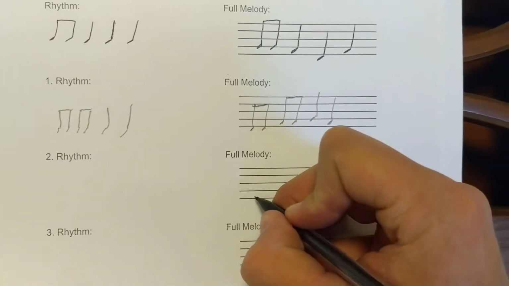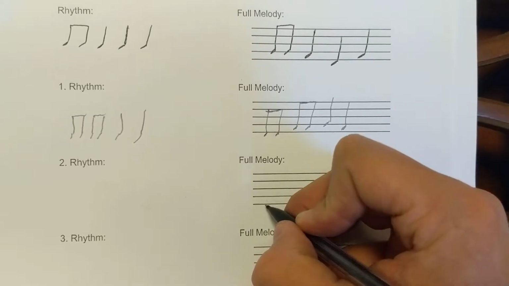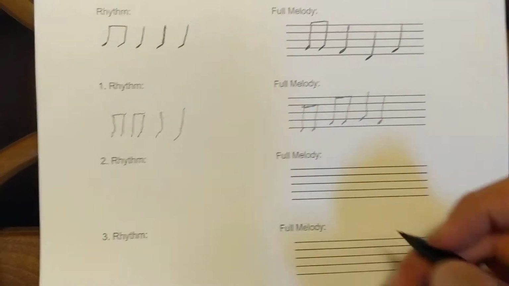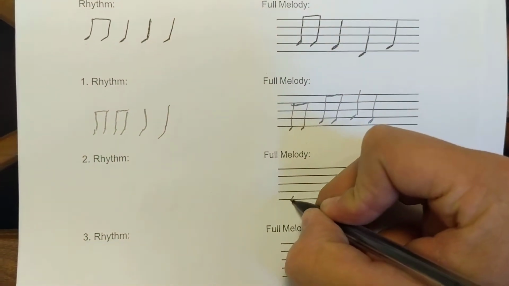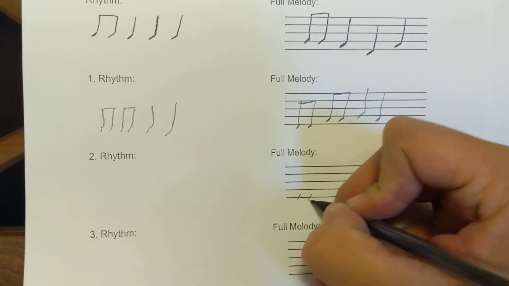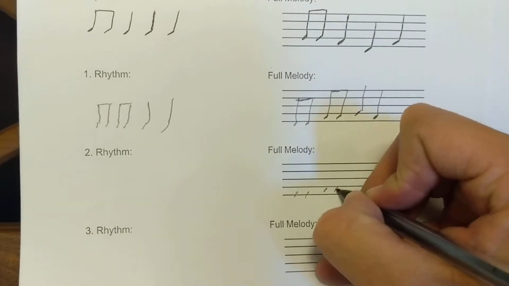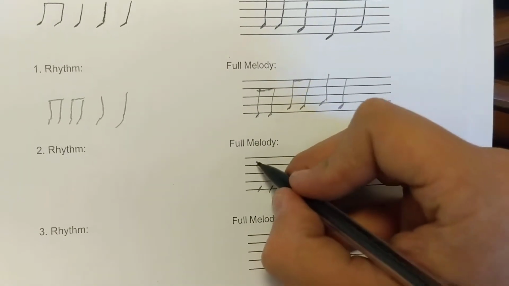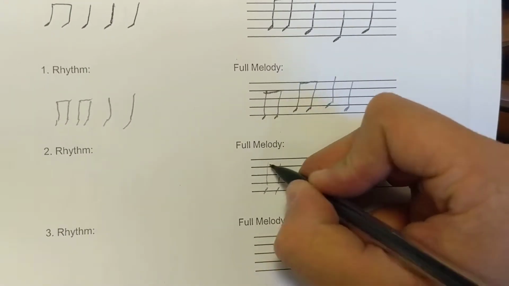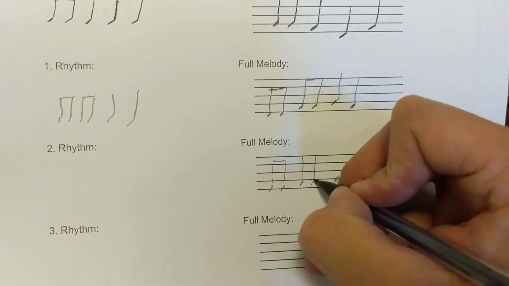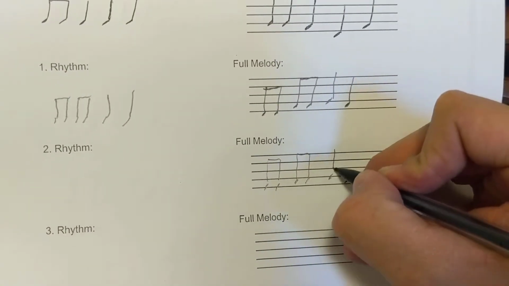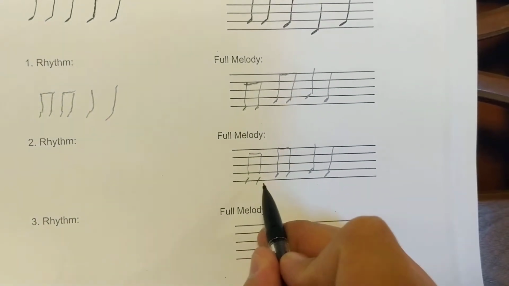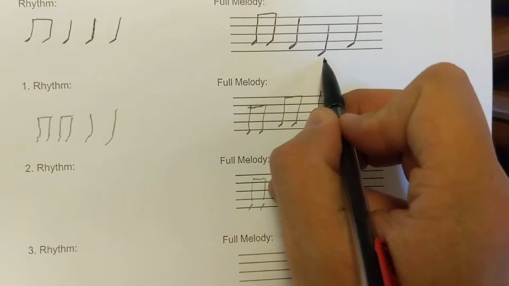Because I saw a lot of people that almost had the right answer, but they wrote this right here. Now this is almost right, but mi is not on this line. It's right below the line, just like in the example.